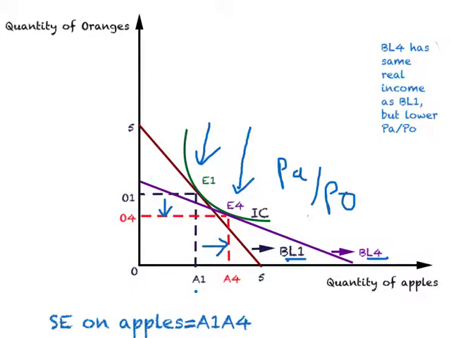I'll just write O1, O4. And that will be substitution effect on oranges. So here you have it, and let me just move this so you can read it clearly, and that's what we find. So this is an example of substitution effect.